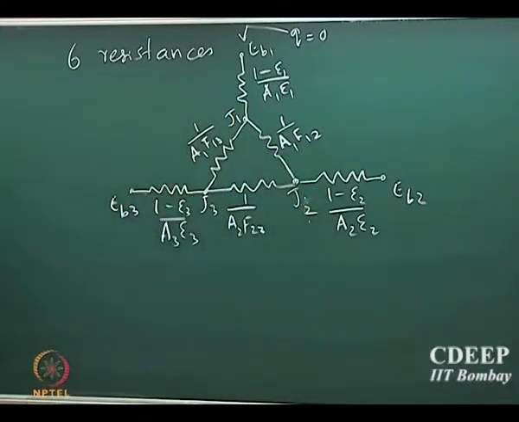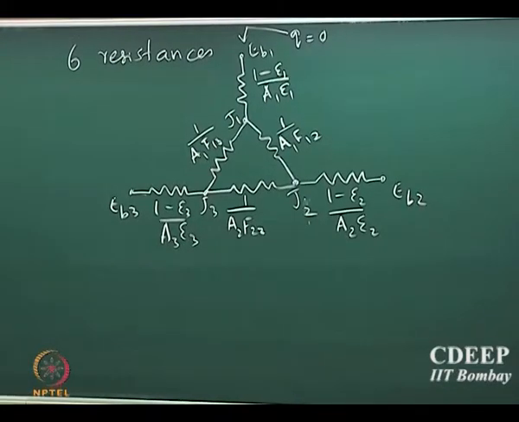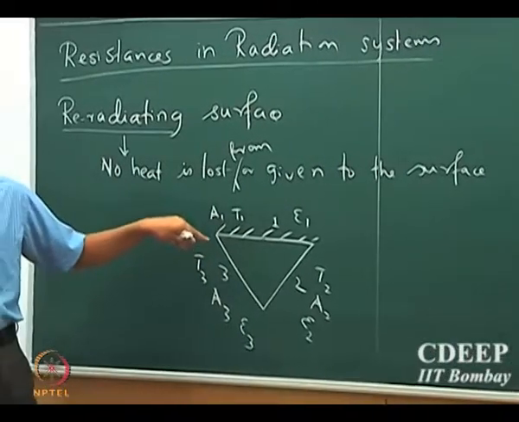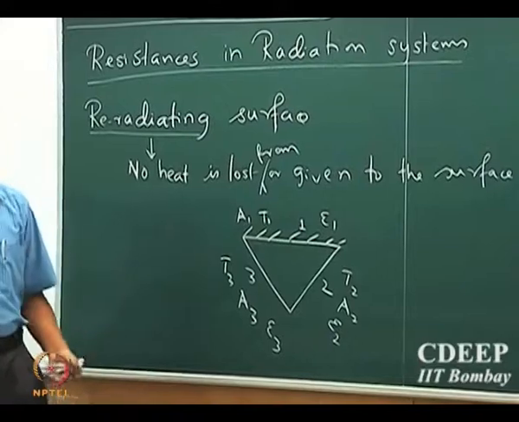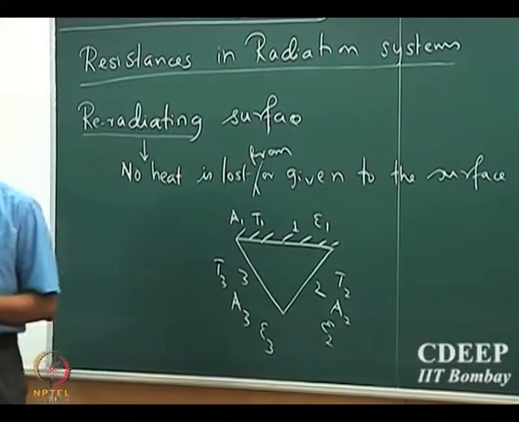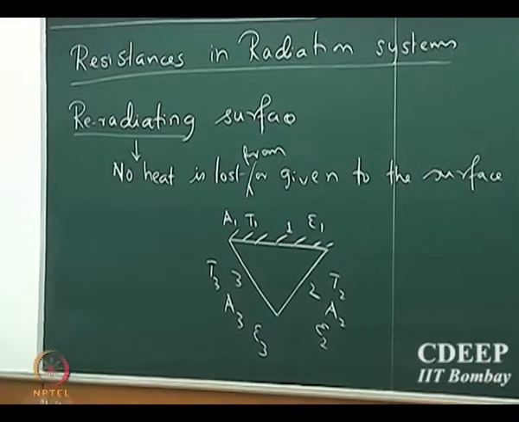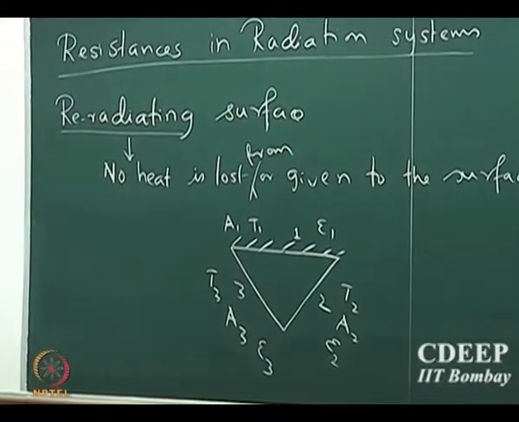So, we have 6 resistances, 3 for exchange between each of these 3 surfaces, and 3 for the driving force for the net amount of heat that is absorbed or liberated by each surface.